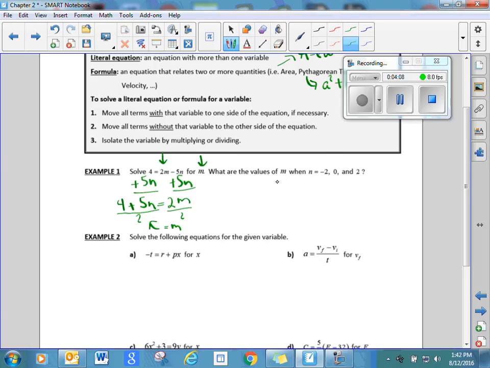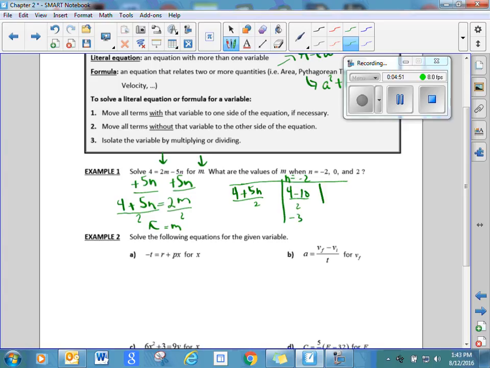Here's the second part of this. What are the values of m when you're given these values of the other variable? So basically, we can make a t-chart, and we can say, okay, the equation is 4 plus 5n divided by 2, and when n is negative 2, we end up with 4 minus 10, 5 times negative 2, divided by 2, which is minus 6, divided by 2, which is minus 3.